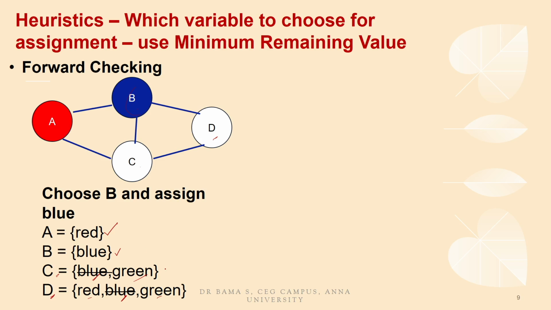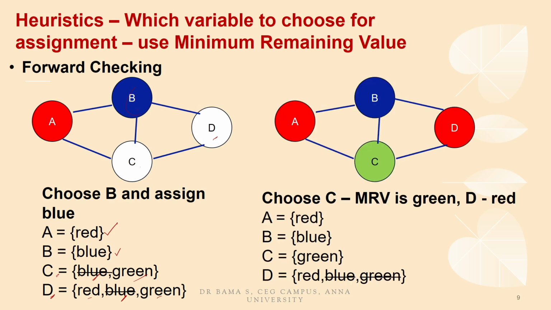So, in the next step, suppose C gets assigned green, in this case D would be red through the minimum remaining value. So, through this method each of the variables can be assigned properly such that no 2 adjacent regions are sharing the same color.